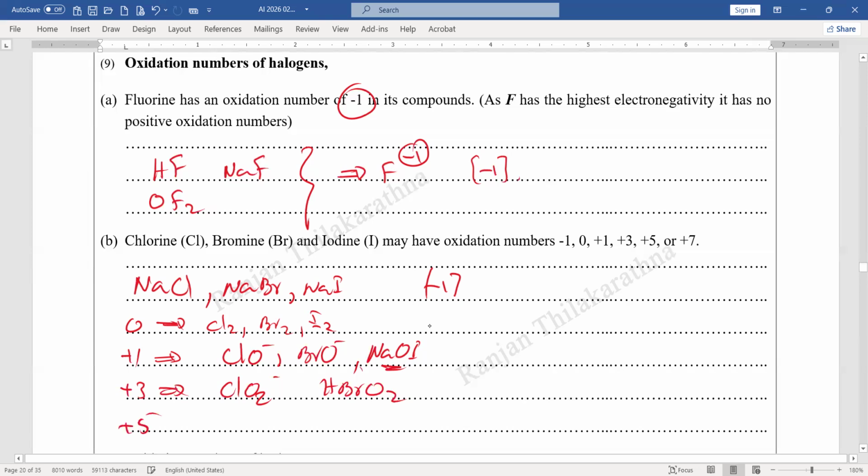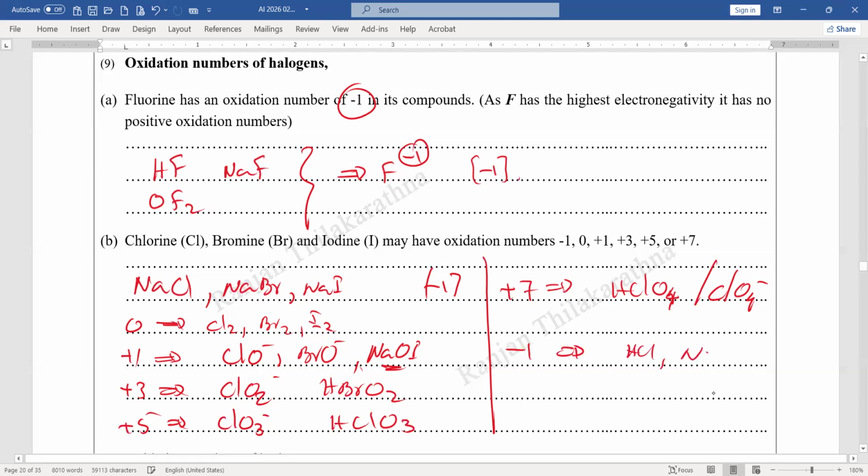Then +5 will be ClO3-, HClO3. +7 is HClO4 or ClO4- ion. -1 will be HCl, NaBr.